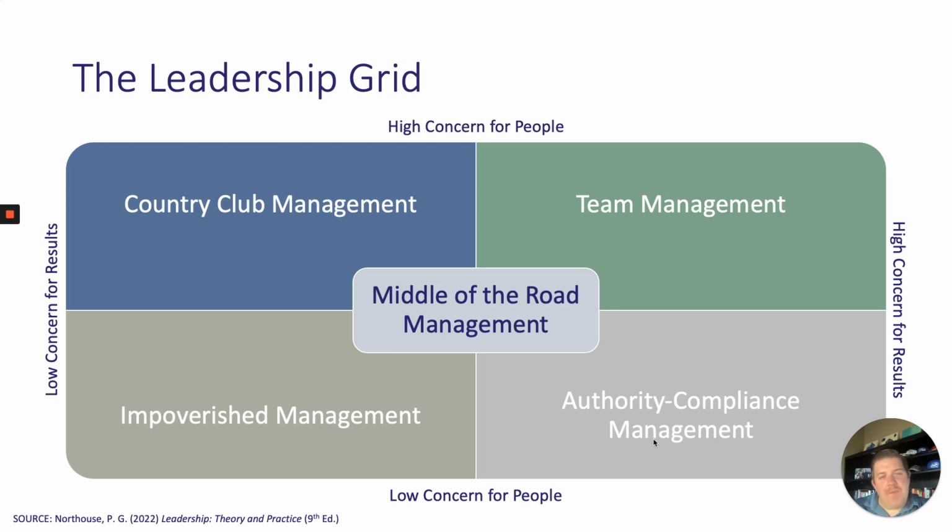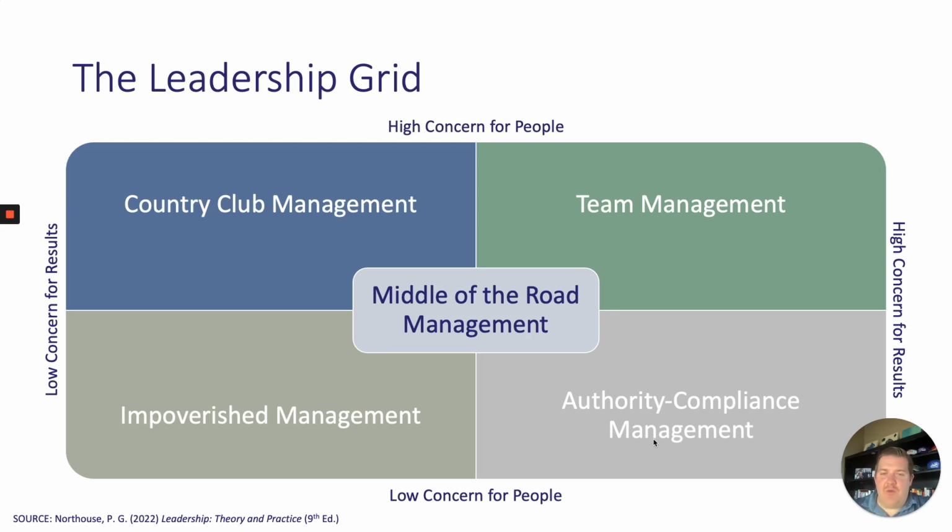Now, if we take the opposite of that, we have high concern for results and low concern for people. We end up with what Blake and Mouton call authority compliance management. Okay, and this is where maybe things are getting done, but the leader is really harsh, really driving people, but doesn't give.